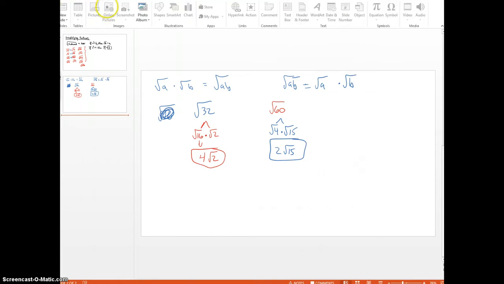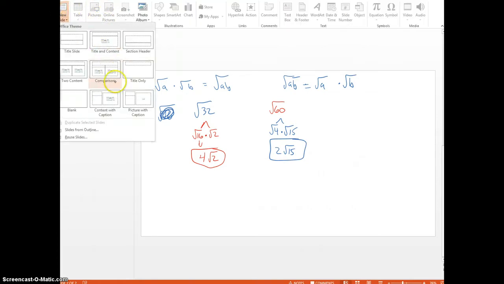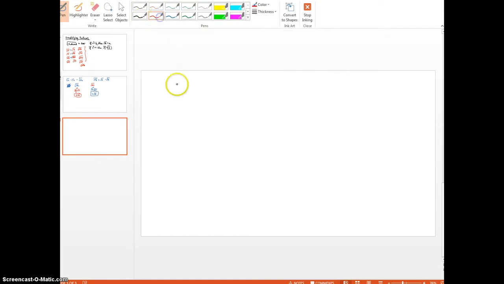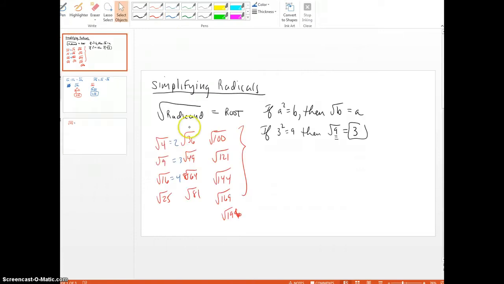Okay. Let's do a couple more examples. Alright, next one, let's try the square root of 45. What is the largest perfect square that goes into 45?